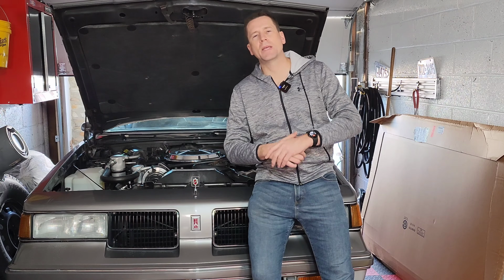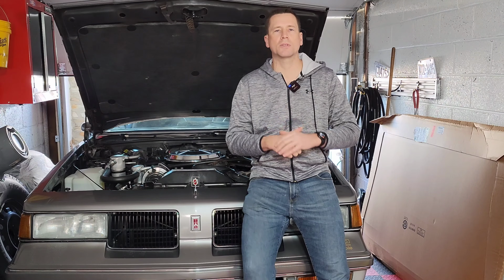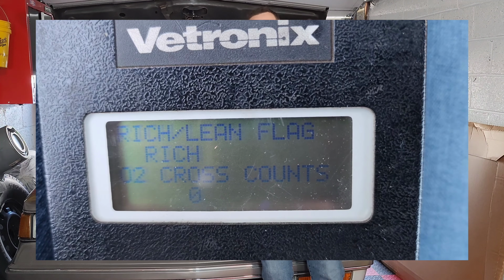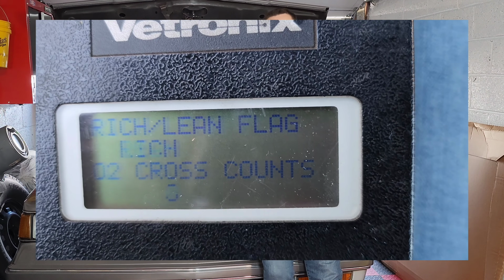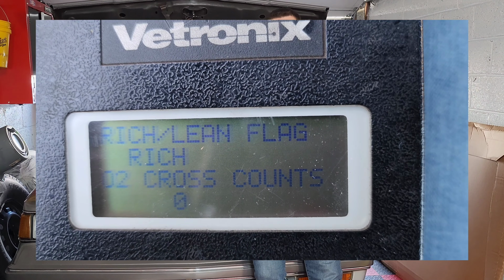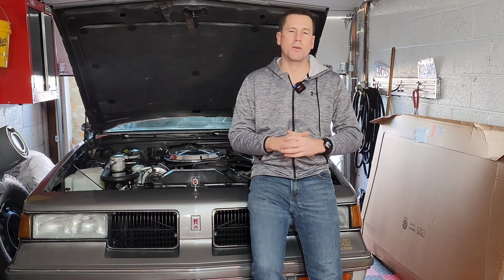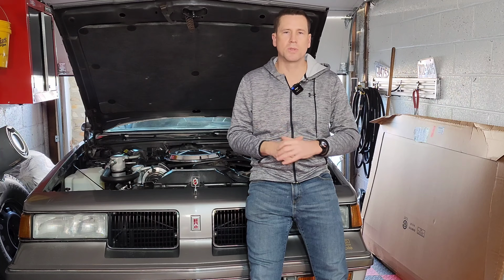The next piece of information that your scan tool is trying to tell you is your O2 cross counts. Now what this is, is a number from 0 to 255 that tells you how often your oxygen sensor voltage is switching from rich to lean. As you may already know, these systems don't operate in a stable manner constantly with the perfect mixture.